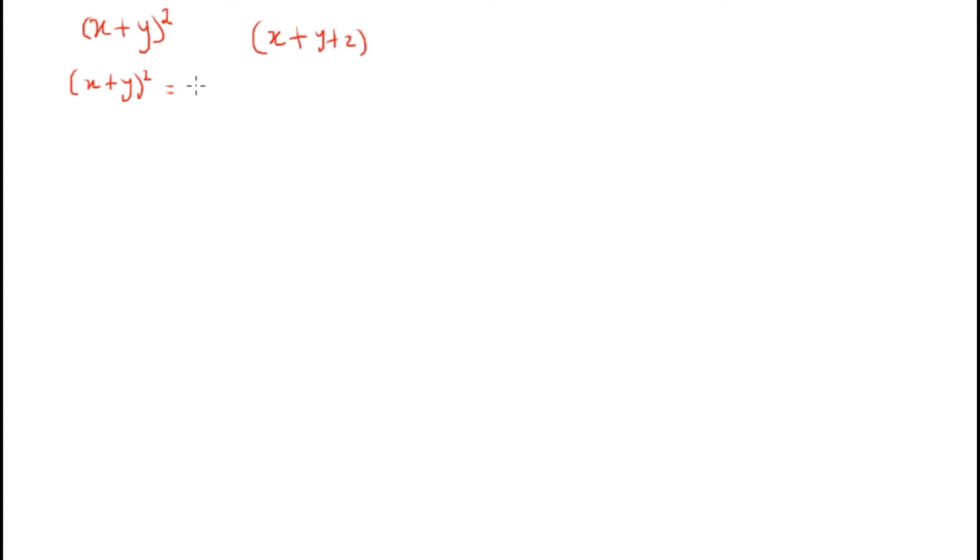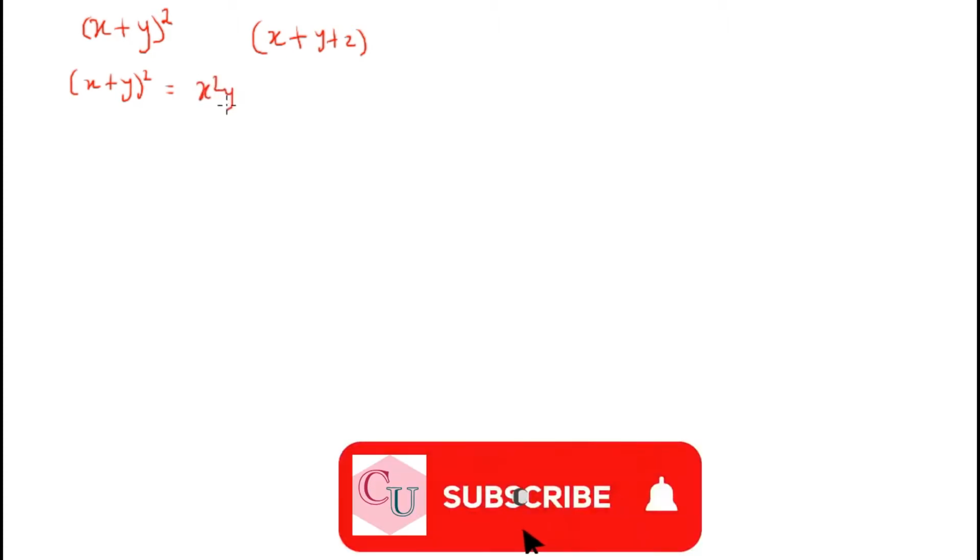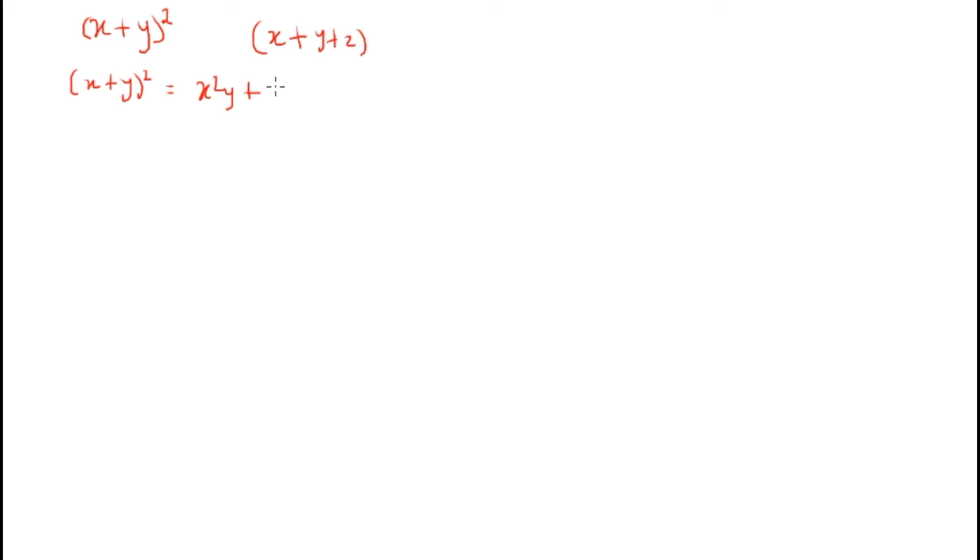We'll have x squared y to power 0, then plus 2xy, plus y squared x to power 0, which is known and is the same as x squared plus 2xy plus y squared.